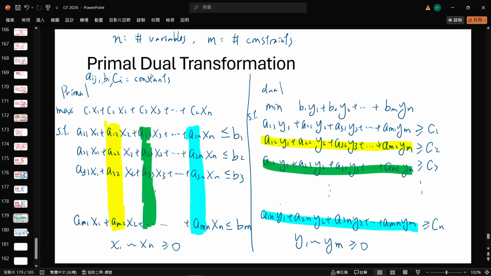So in fact, the primal problem can also be a minimization problem. For example, suppose your problem is to find the minimum vertex cover. This is your primal problem, and you have a solution and you want to see whether this solution is the best. In this case, instead of finding an upper bound, because vertex cover is a minimization problem, you want to find a lower bound.